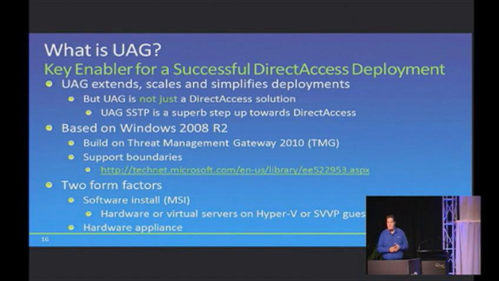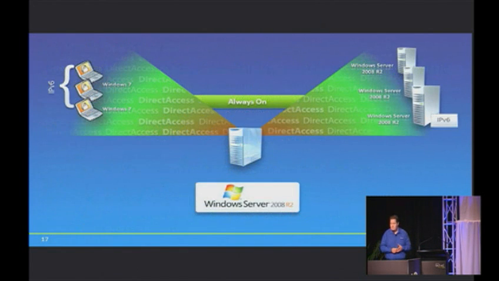If you heard that there's a TMG on the UAG box and you want to use that for everything, there are support boundaries that you should check out. There are only limited things that you can do with that TMG version, because the UAG basically just owns the TMG beneath it. That was the plain Windows Server 2008 R2 DirectAccess.